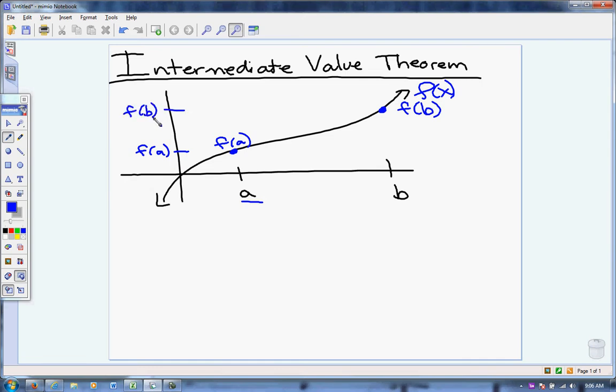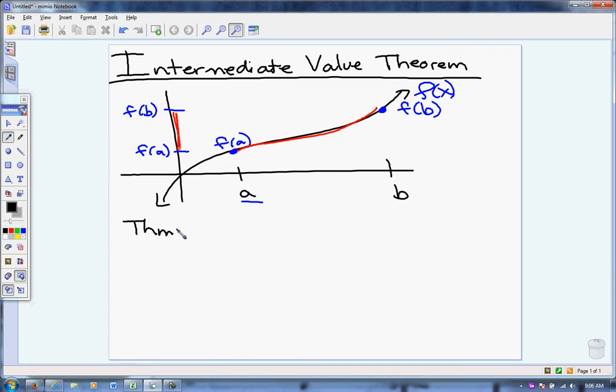The intermediate value theorem says that this function, if it's continuous, takes on all the values in between here, or it takes on all of the y values between f of a and f of b. There's no gaps.